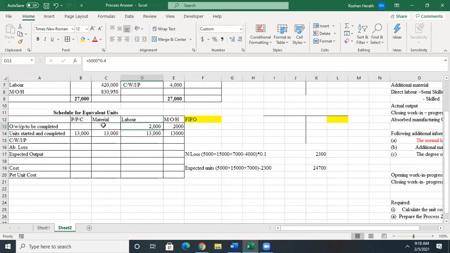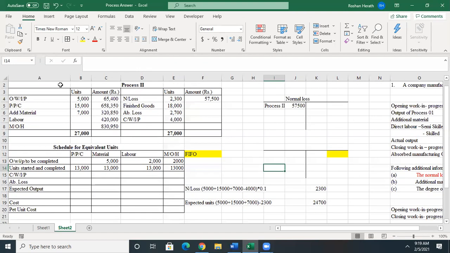What about the material? The entire thing has to be completed with respect to the material. එකක 5000 complete කරන්න ඕන material සම්බන්ධයෙන්. What is 5,000? Yeah, that is opening WIP. Opening WIP 5,000. That's what I'm talking about. So here you make the distinction, right?